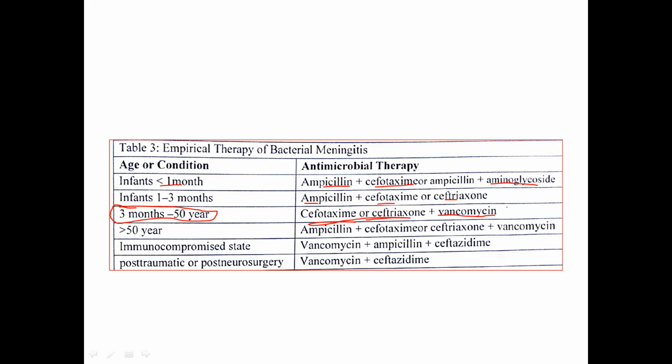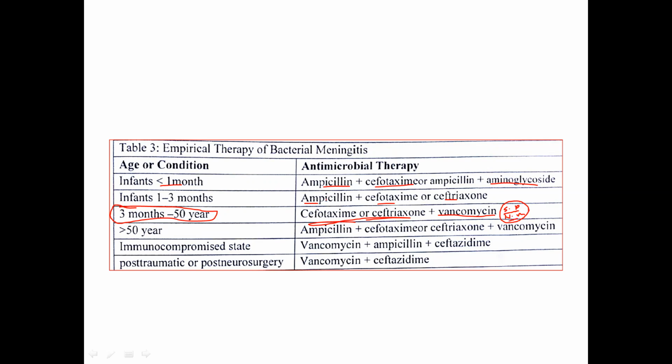Which are the most common etiologies in this age group? For those who are immunocompetent, strep pneumonia and Neisseria meningitis, and ceftriaxone or cefotaxime, or in short, ceftriaxone plus vancomycin is enough to cover these microorganisms.